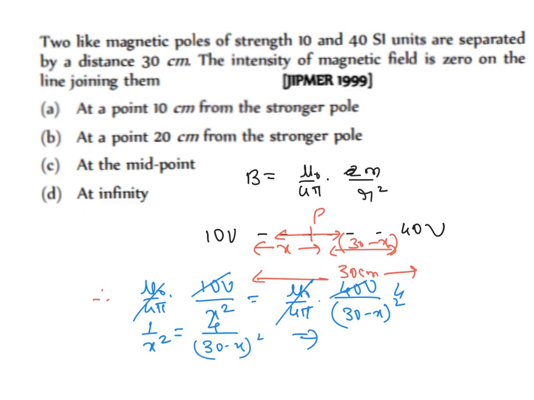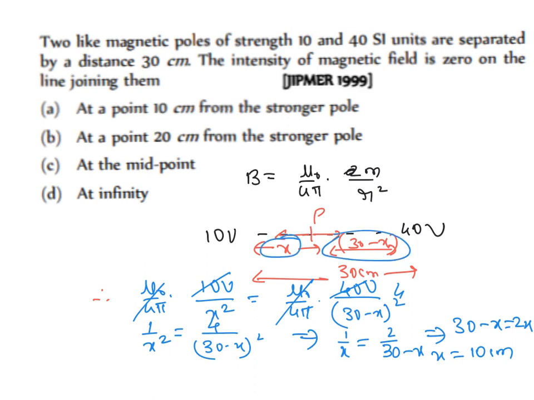Taking the square root on both sides, 1 divided by x equals 2 divided by (30 minus x). It implies 30 minus x equals 2x, so x equals 10 centimeter. If x equals 10 centimeter, then 30 minus x must be 20 centimeter. So 20 centimeter from the stronger pole is the right answer, option B.